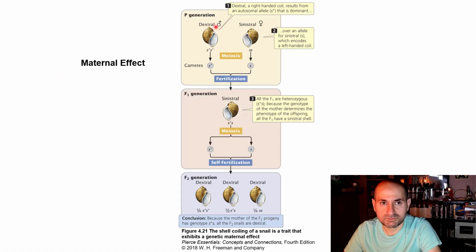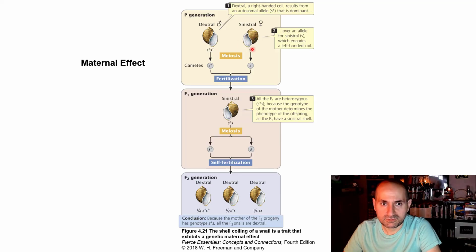So here's what we're seeing. In dextral, which is the right-handed coiled father, you have S+ S+. Dextral, a right-handed coil, results from an autosomal allele S+ that is dominant. Remember, S+ is dominant.